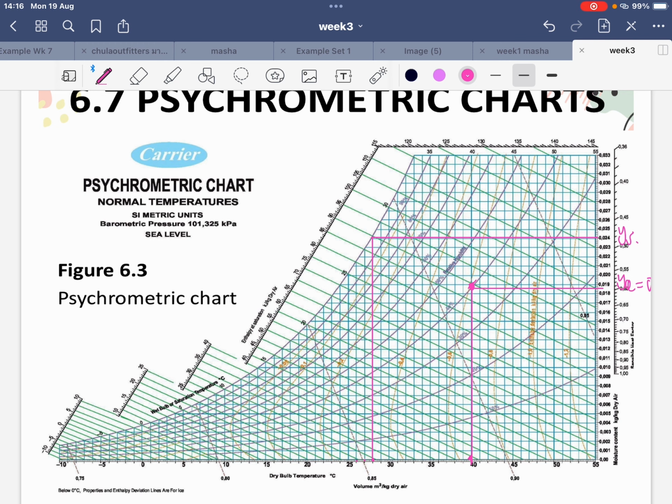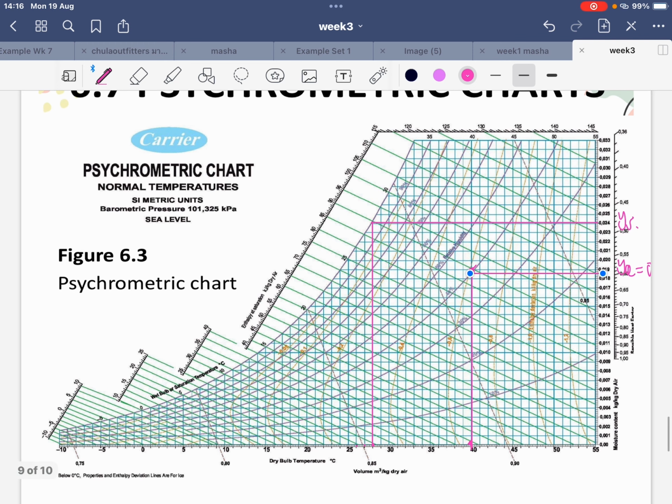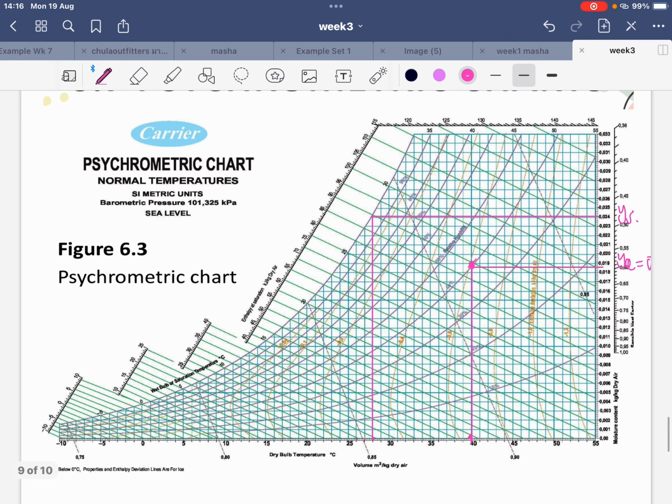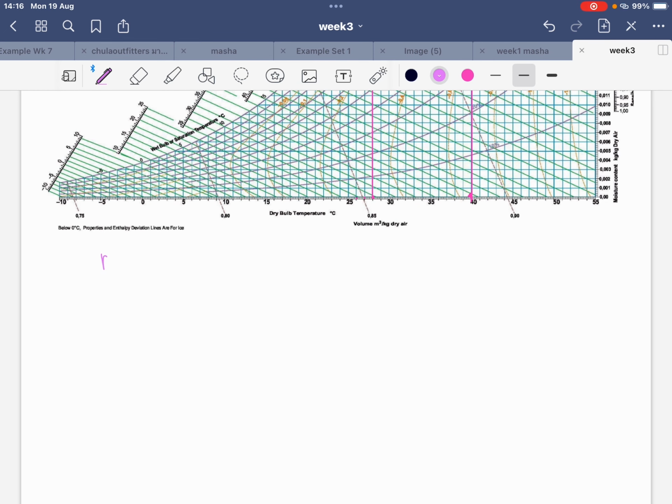And then we find the rate of evaporation, which is K times YS minus YA. Okay.